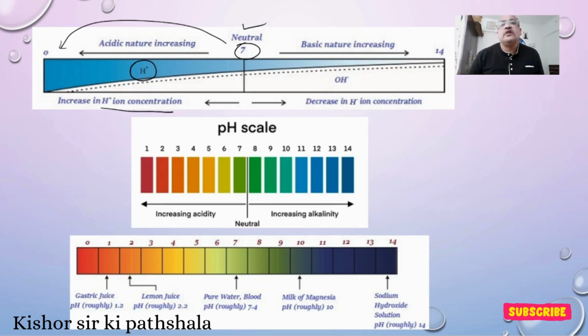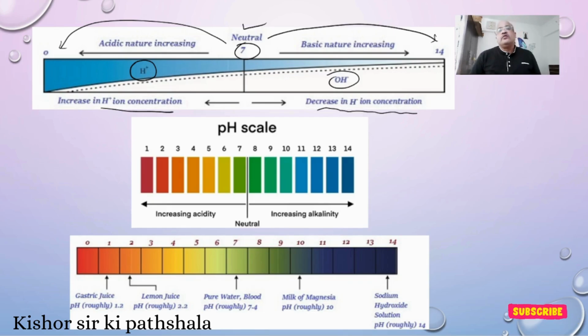When you go from 7 to 14, the basic nature increases, which means H plus ion concentration decreases and OH minus ion concentration increases. OH minus concentration will increase as there is a decrease in H plus ion concentration.